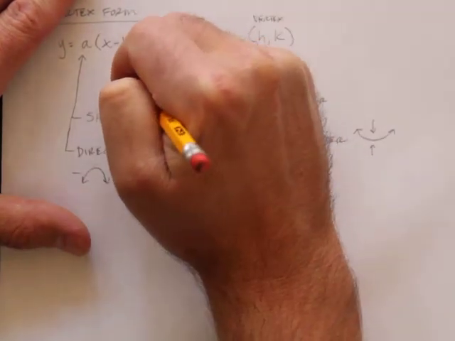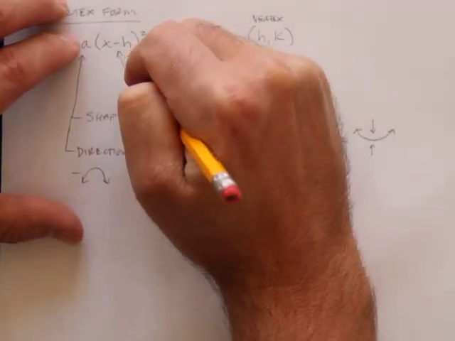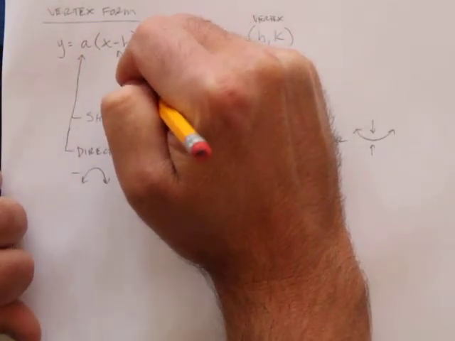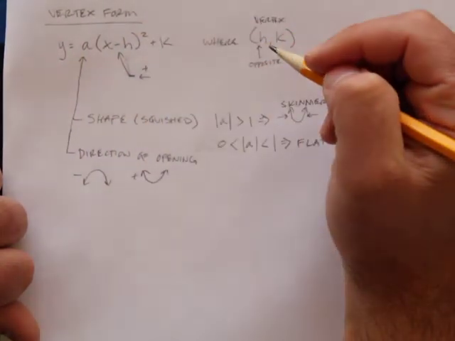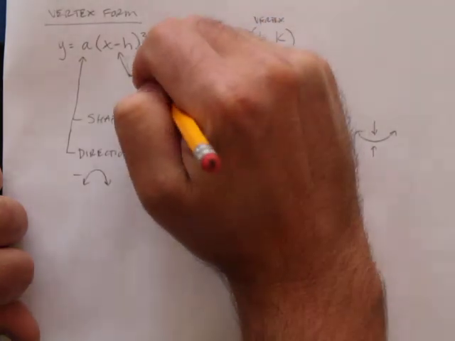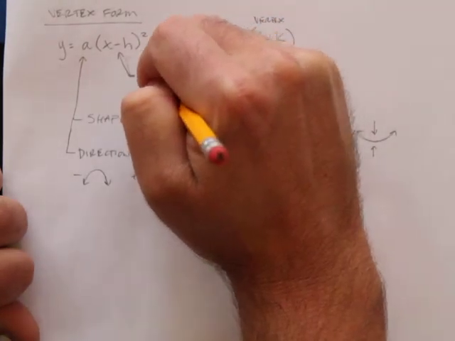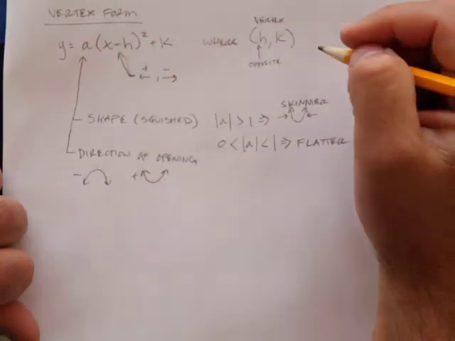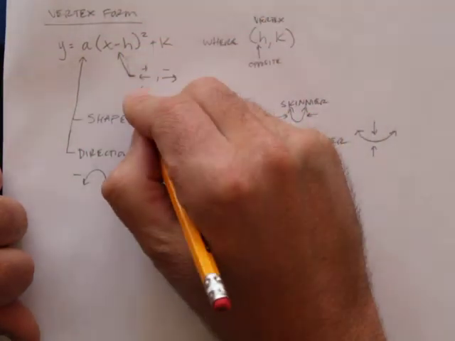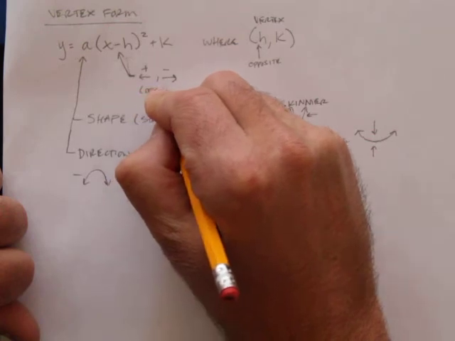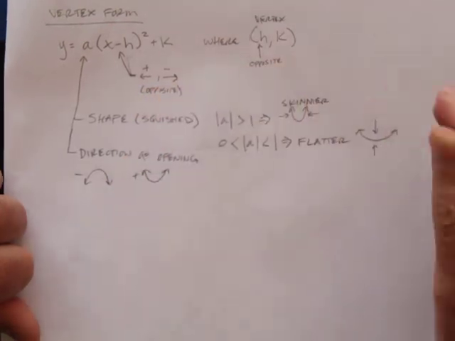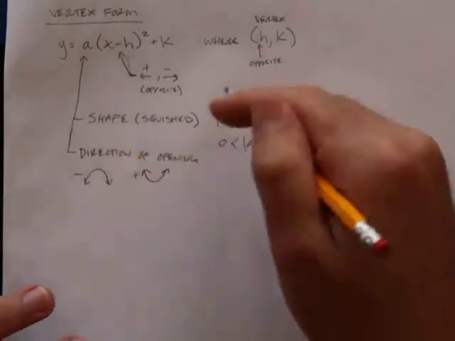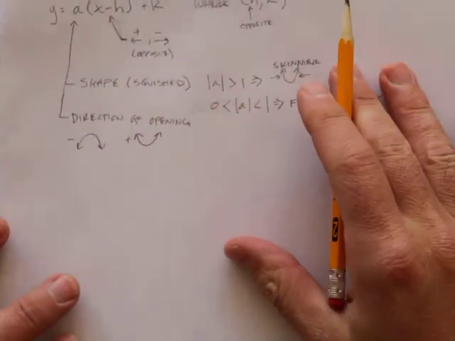So if it's positive, then you're going to move the parabola to the left that many spaces. And if it's negative, then you're going to move it to the right h many spaces. So again, opposite of what you think it might do. All right, that's all we're doing with this little schematic here.